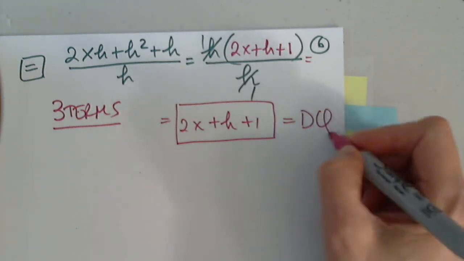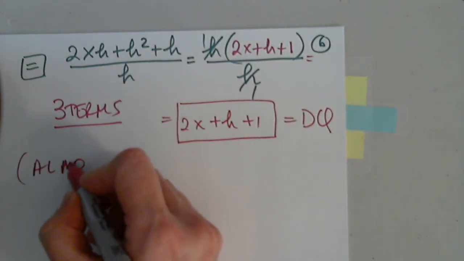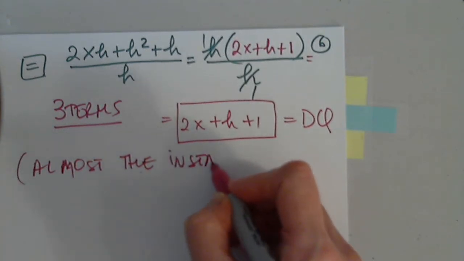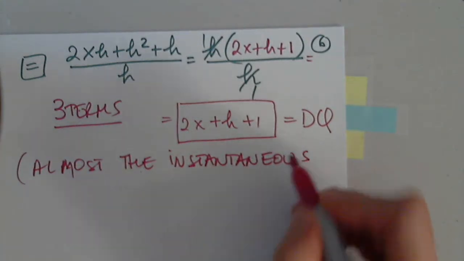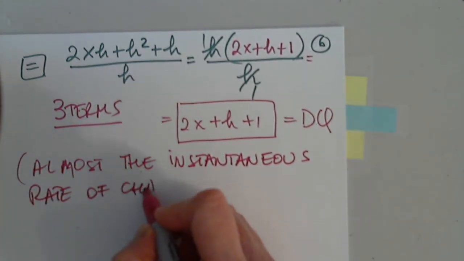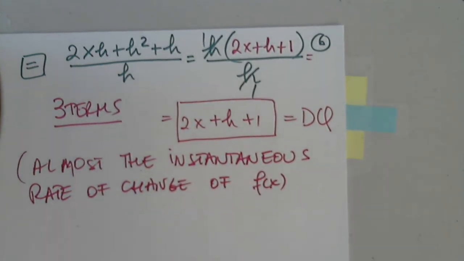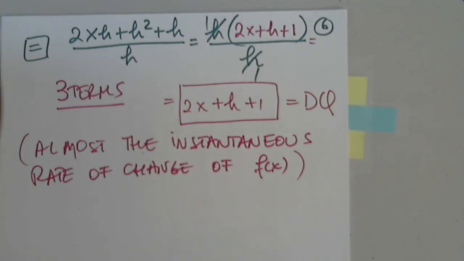This is the difference quotient, and it is almost the instantaneous rate of change of f of x. Almost. You will see what we get when we get the exact.